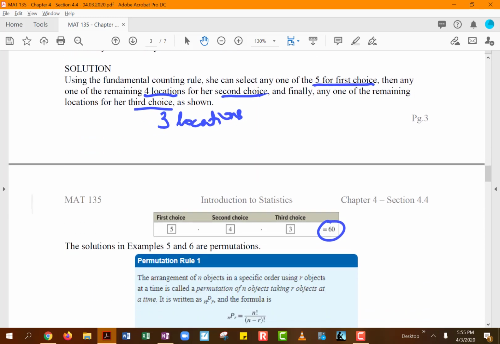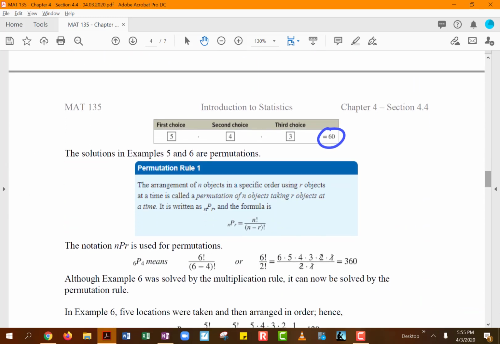So just as your permutation rule 1, we have, if you take the arrangement of n objects in a specific order, and out of those n objects, you are only using r objects at a time. So you're not using all of the n objects, which would be like we had 5 locations, but we're only looking at the top 3.